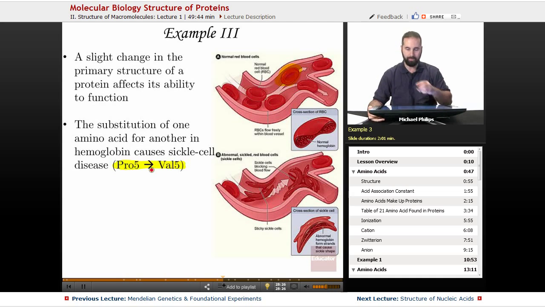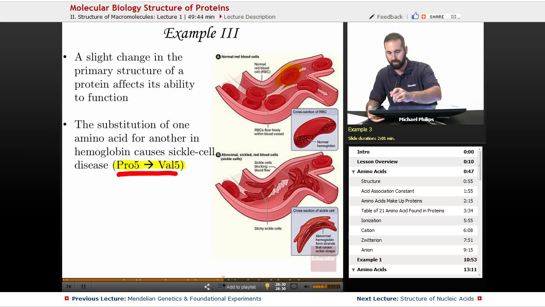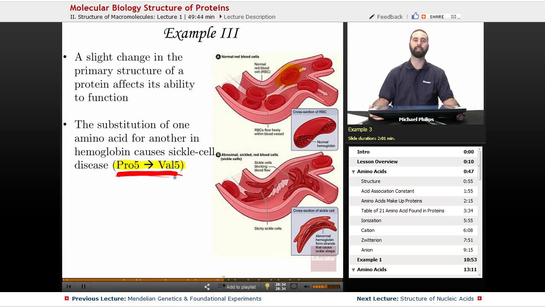Well, when we have this proline to valine substitution, that causes the amino acids to chain together in an unnatural way, so it causes the proteins to stretch and alter the shape of the red blood cell.